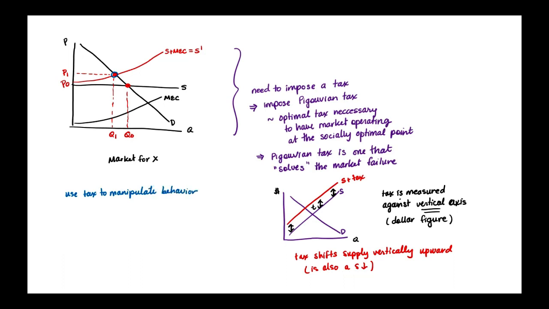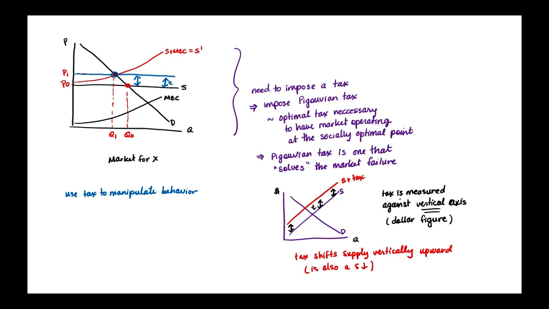So let's impose a tax. Can we figure out the optimal tax? Can you find the optimal tax? We want that supply curve to shift upward, right? How high do we want that supply curve to shift upward? Till it goes right through that intersection, right? So what we really want is that supply curve to shift vertically upward.